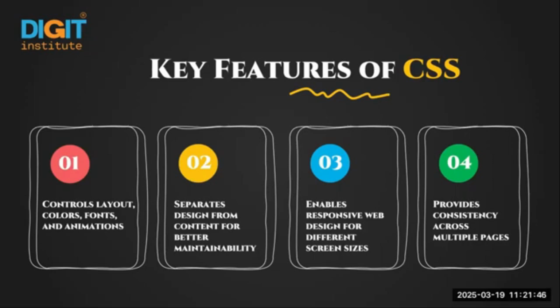So these are the main key features. When we talk about color theory, font families, the typography and everything, I want to tell you one thing here: when you define them with a class name, we are going to use that same thing in each and every page, which is going to control the layout. That's the major features of CSS.